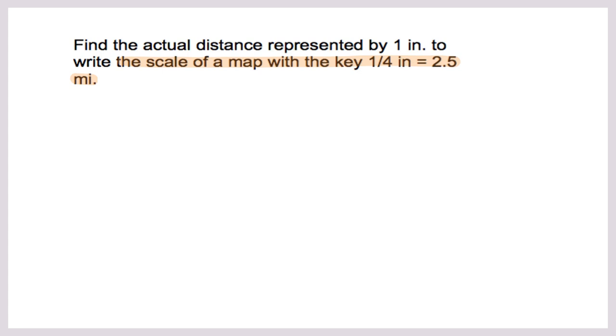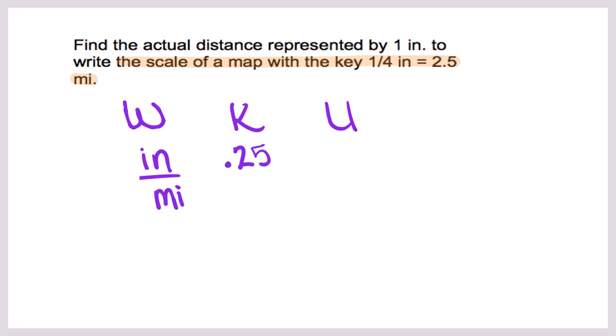You gotta do WKU. Okay, so you said WKU? All right. And then you gotta do inches over miles. Okay, inches over miles. And then 0.25 over 2.5. Okay, 0.25 over 2.5. And then it's a 1, so you put 1 on the top.